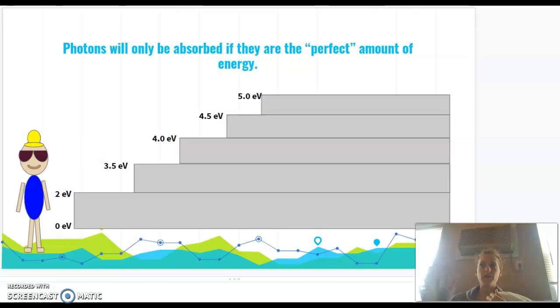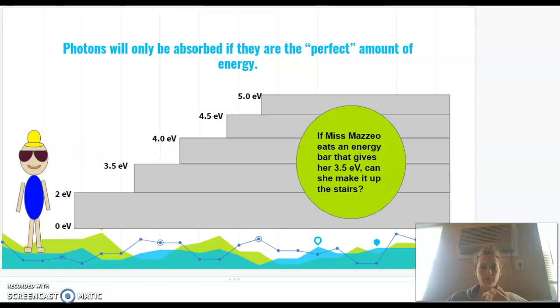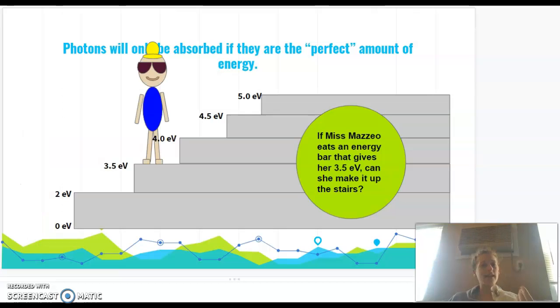They're kind of weird amounts. They're not perfectly even. So if I eat an energy bar that gives me 3.5 electron volts, can I make it up the stairs? And I can, right? That corresponded to a perfect amount of energy. It corresponded to the step that had 3.5 electron volts. So I'm able to move to that level.